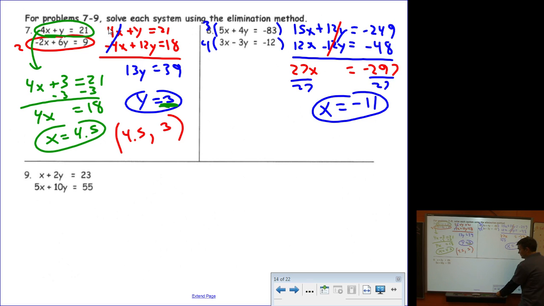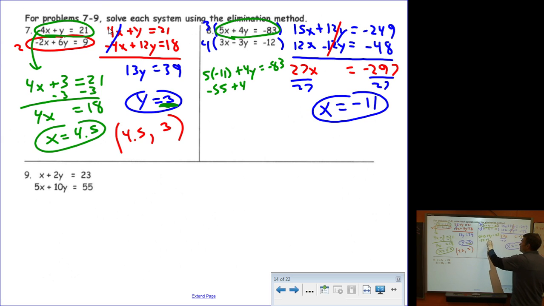And I would probably substitute that back into the, I don't know, first equation, I guess. So 5 times negative 11 plus 4y equals negative 83. That'd be negative 55 plus 4y equals negative 83.